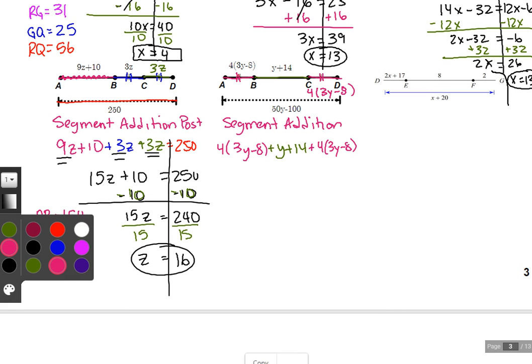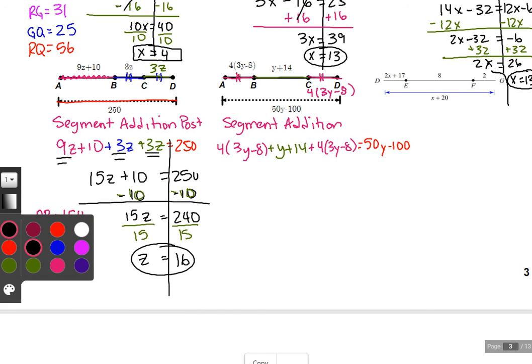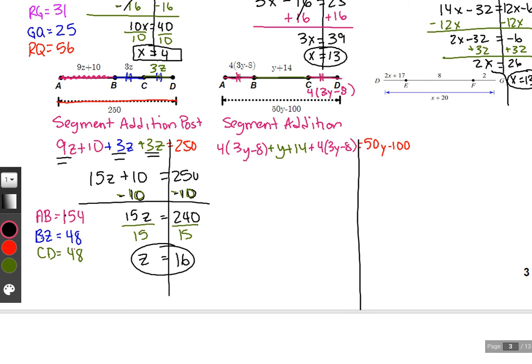All right. So we draw our y. Let's do some distribution. So we have 12y minus 32 plus y plus 14 plus, again with the distribution, 12y minus 32. 50y minus 100 is on the left. Now this is a big equation, but let's reduce it by combining terms.